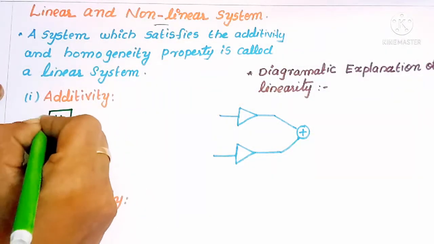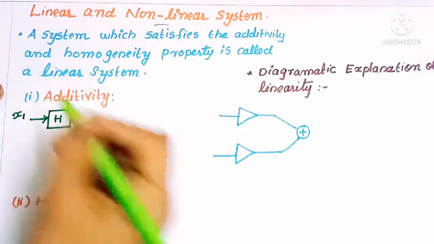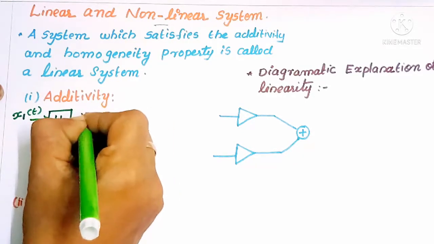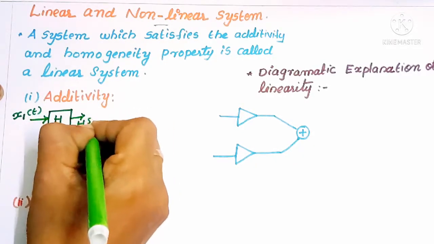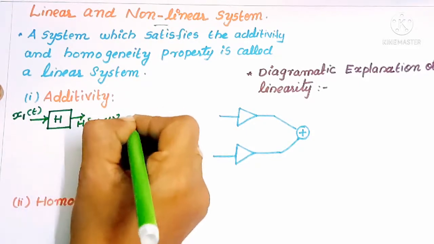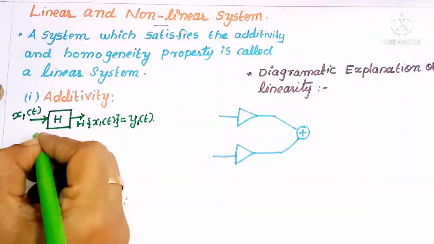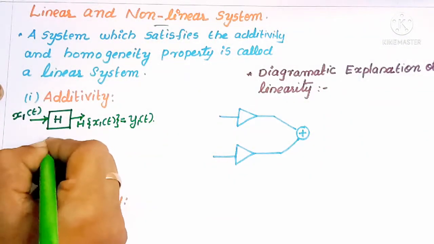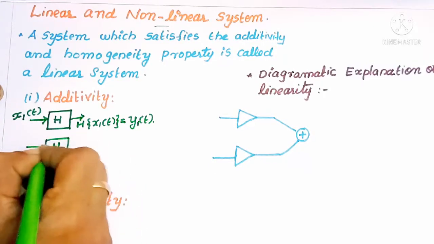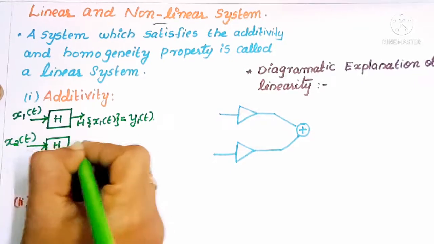Here I am giving an input signal to the system, that is x1 of t. Its response can be written as h of x1 of t, which is equal to y1 of t. Also we can take the same system and apply the second input, x2 of t.